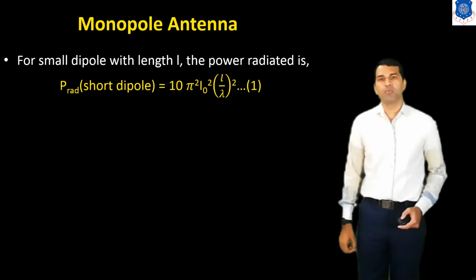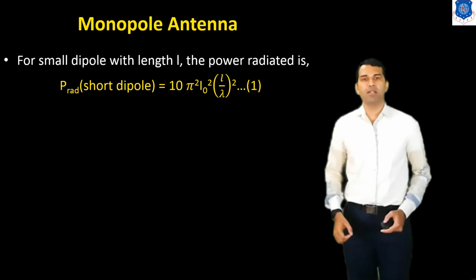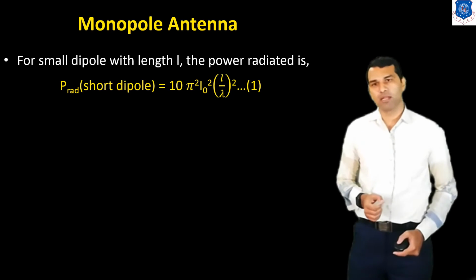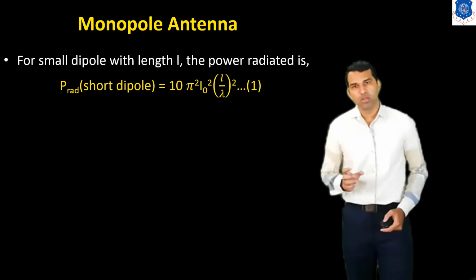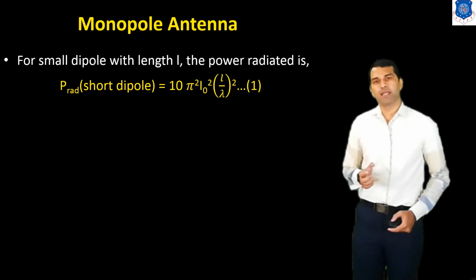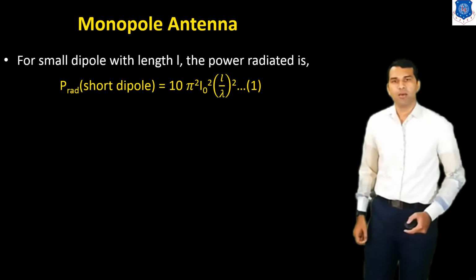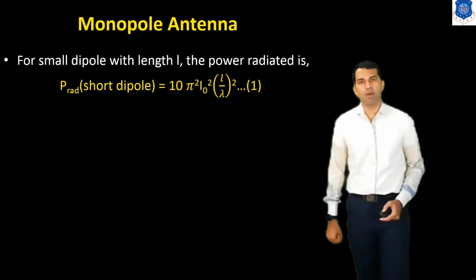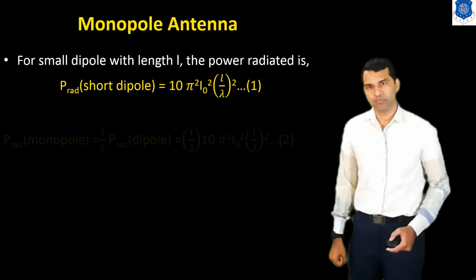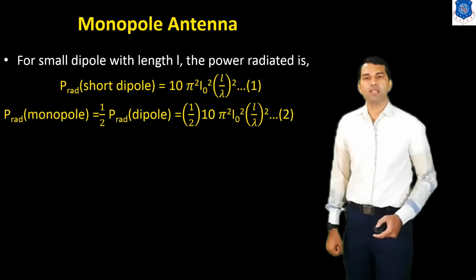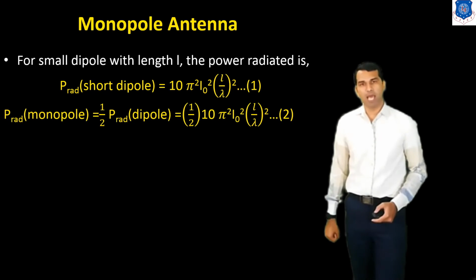For a short dipole with length L, the power radiated is given by P radiate equals 10 pi square I0 square, L by lambda whole square. The monopole is nothing but 1 by 2 of the dipole.